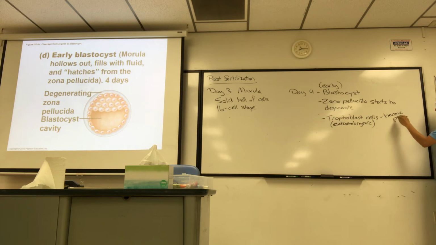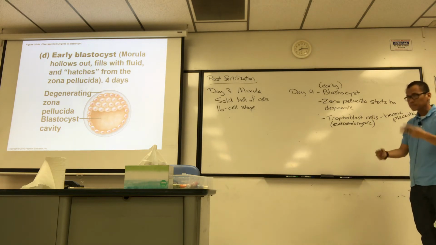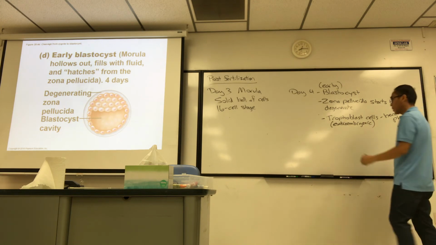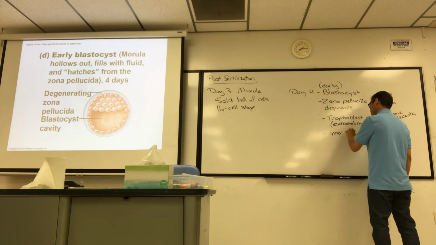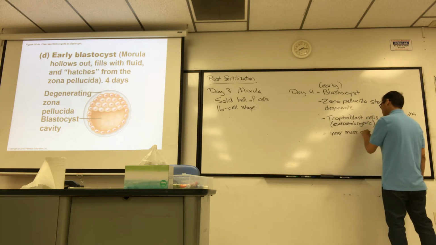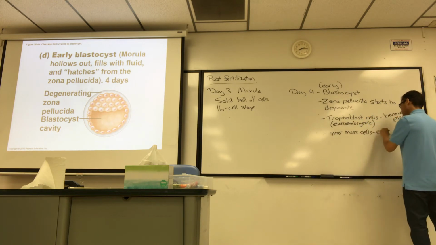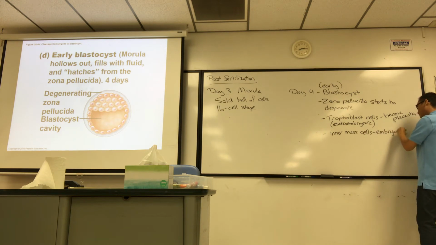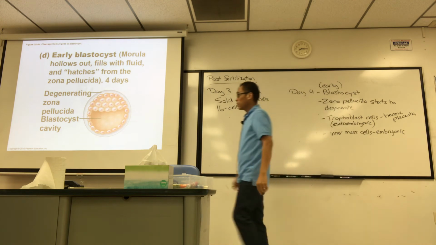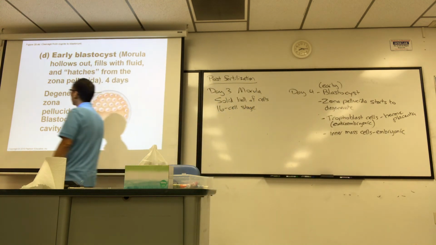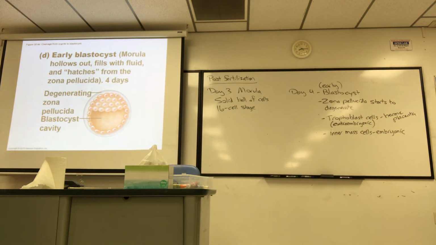It's more complicated than that, but essentially they become the placenta. But they're extra embryonic. Okay, but the inner mass cells, that's the embryo, embryonic cells. That is baby, just a little inner mass of cells there as you hatch.